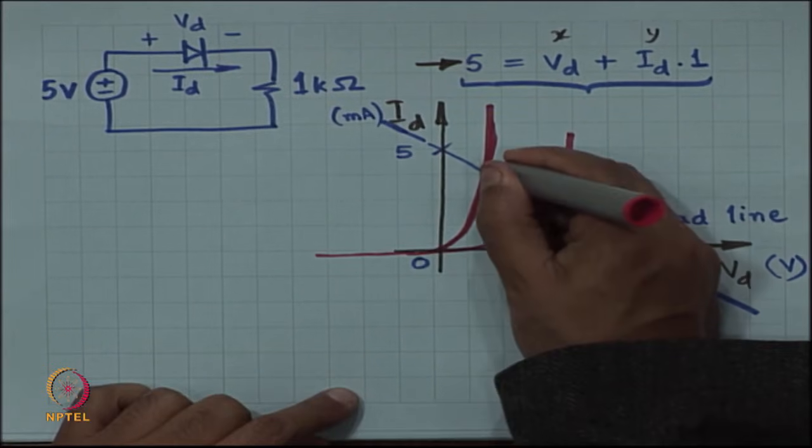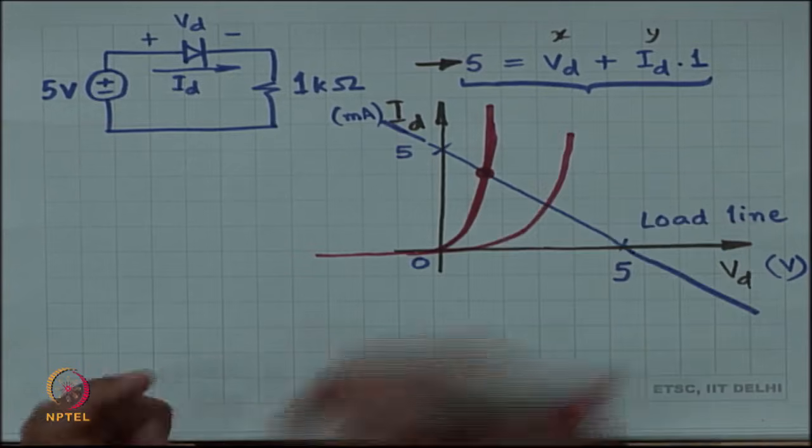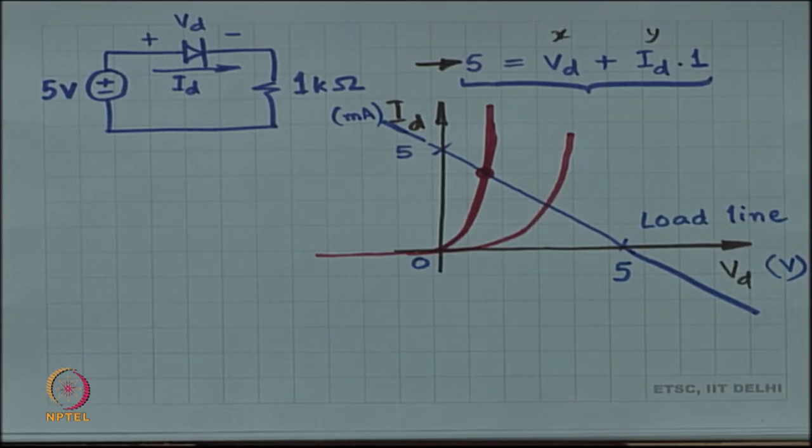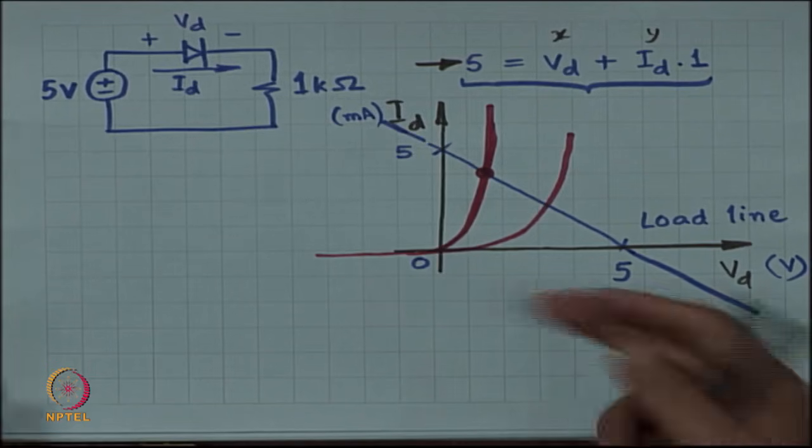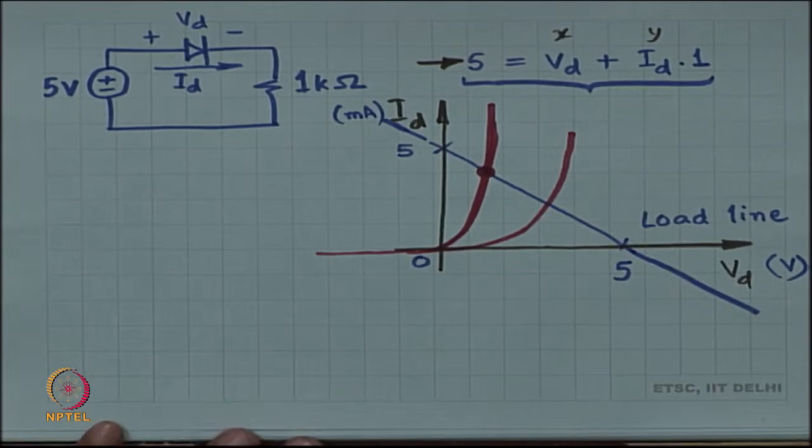In which case we can work out what is the point of intersection between the diode characteristics and the load line. The load line is the absolute truth. Whatever happens to the device, this has to be correct. KCL and KVL have to be satisfied, which means that Id and Vd always have to lie on this straight line.